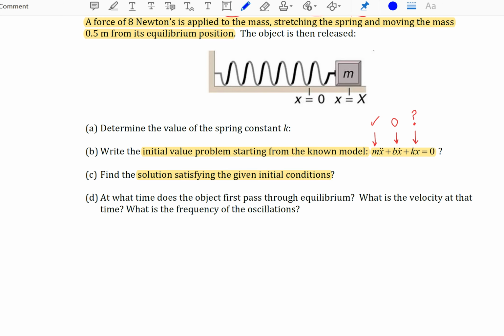So part A was to determine the value of your spring constant. Here you want to remember that the restoring force of your spring, which we called F sub k, is equal to negative kx.